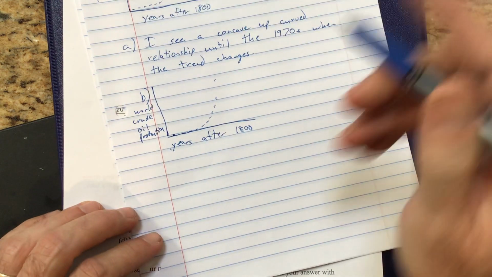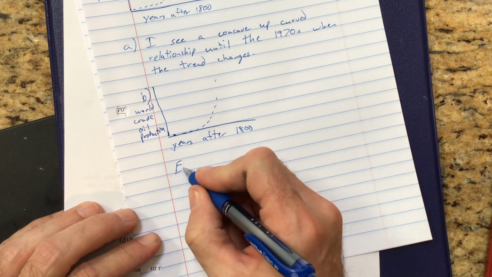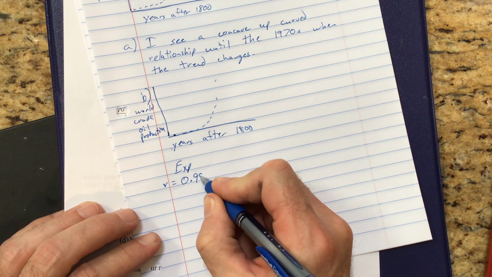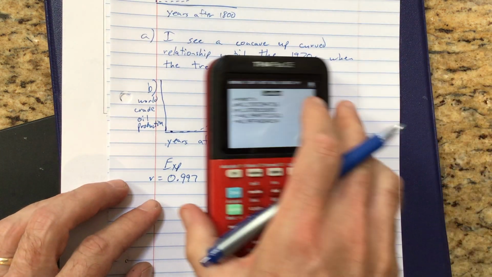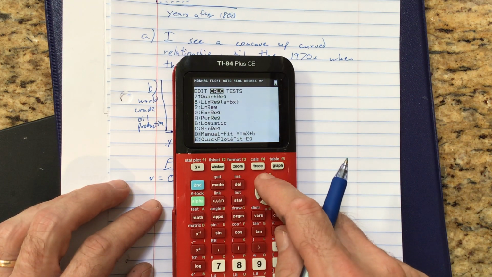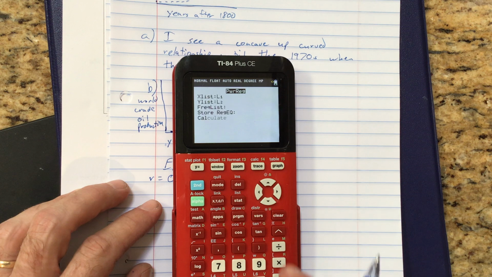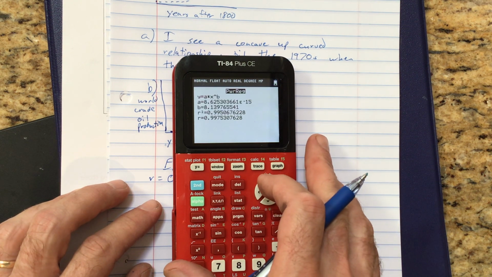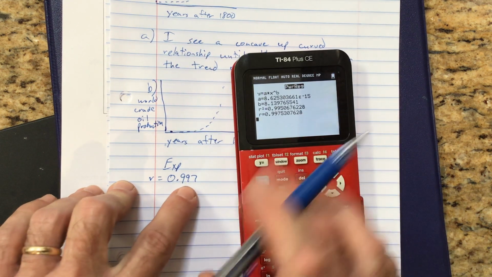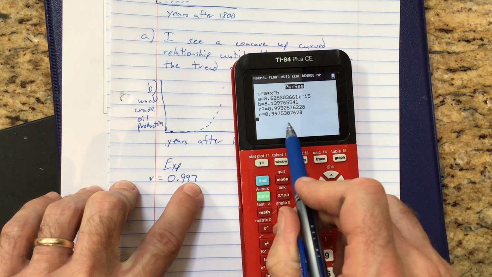Okay, so I'm just going to kind of jot that down. Exponential r equals 0.997. Okay, now I'm going to do power. And 0.9975. I mean, that was 0.997 something, right? And 0.9975.